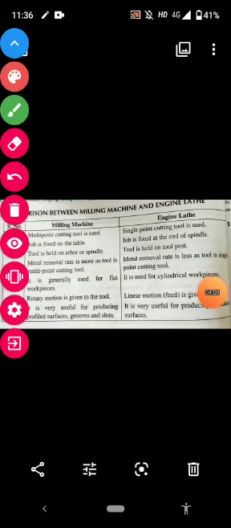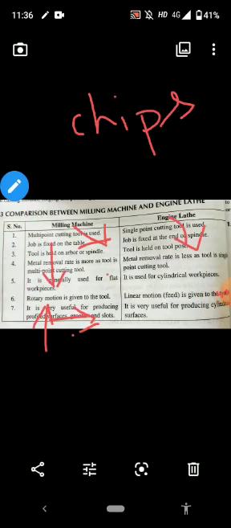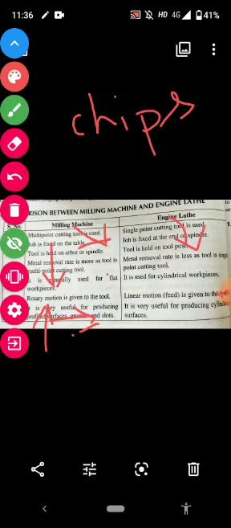Next we will discuss the difference between the milling machine and an engine lathe.